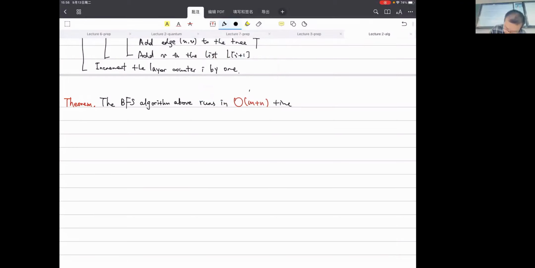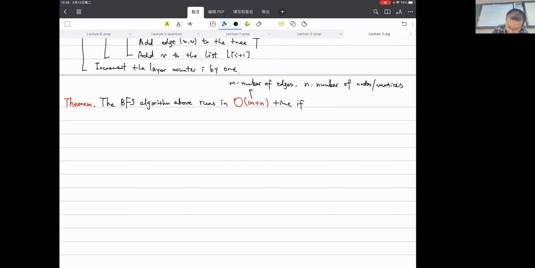Let's recall that we typically use M to represent the number of edges, and N the number of nodes, also called vertices. So the BFS algorithm runs in time O(M plus N).